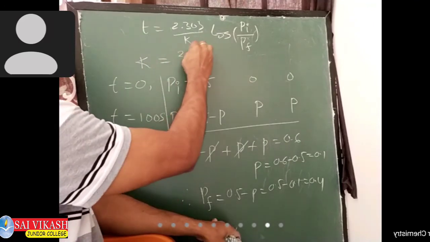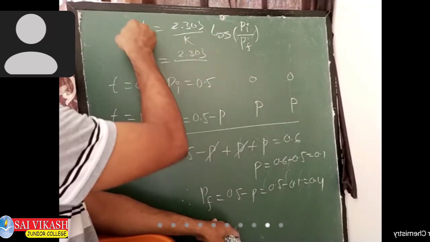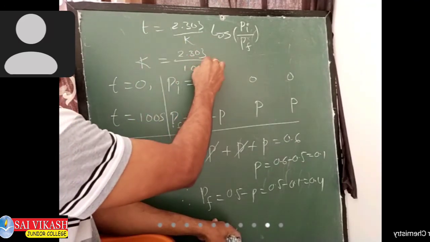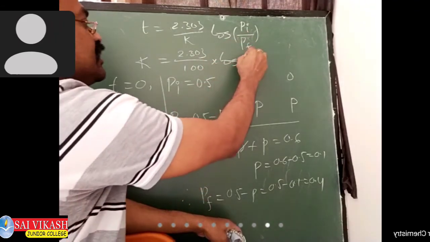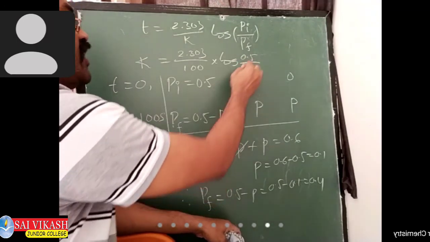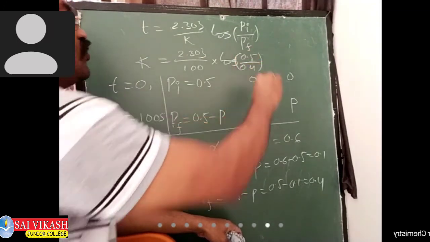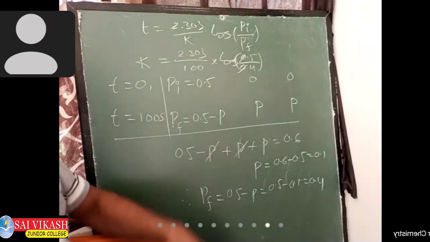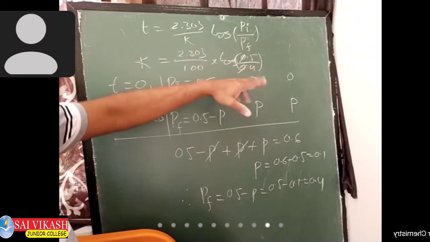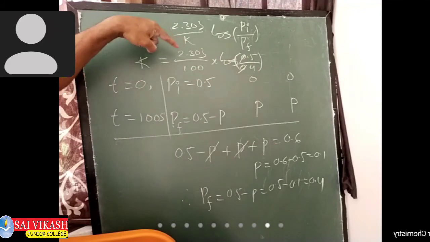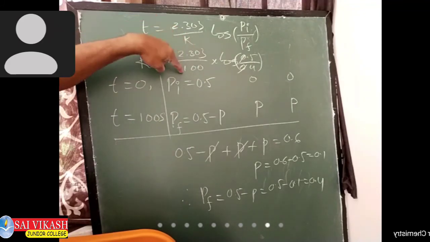K equal to 2.303 by T. T is 100 there. Into log of initial pressure, how much did we take? 0.5. By final pressure we got 0.4. Yeah, 0 cancel. So log 5 by 4. Can anyone quickly say the value of log 5 by 4 into 2.303 by 100?